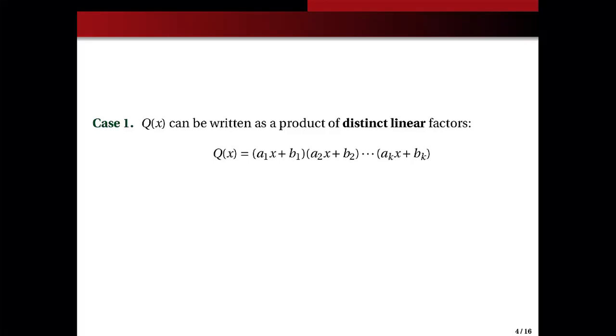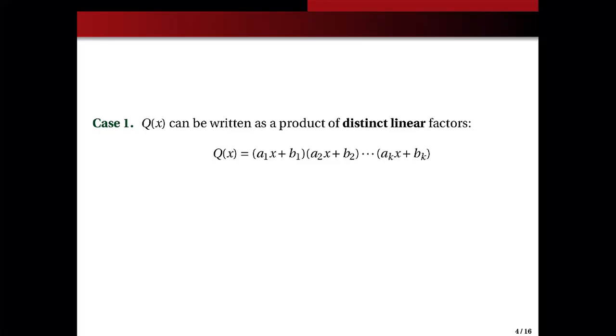So distinct linear factors: a1x plus b1 is different from a2x plus b2. It is possible that b1 is the same as b2. However, a1 and a2 must be different. So the linear factors are still distinct. Suppose this is the case.